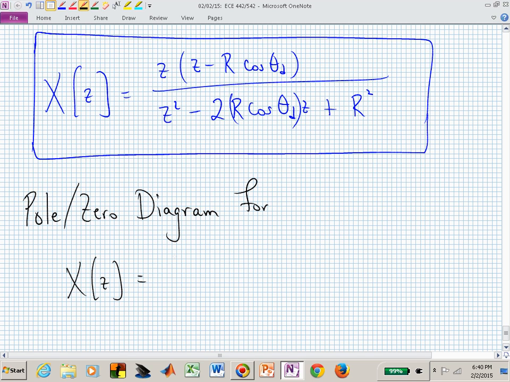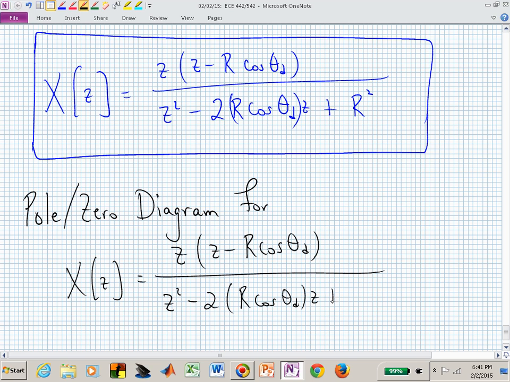We now have X of z is z times z minus r cosine of theta sub d, over z squared minus 2r cosine theta sub d z plus r squared.